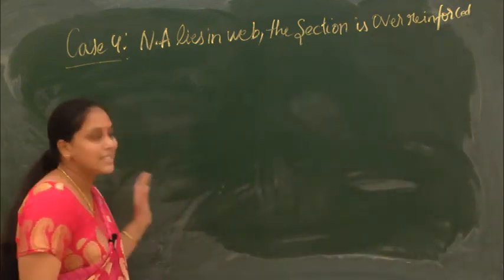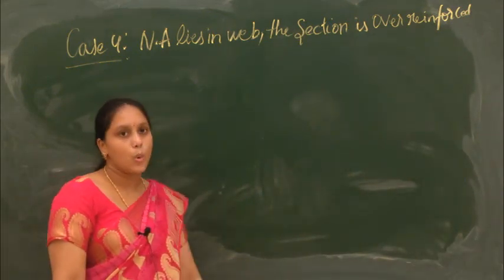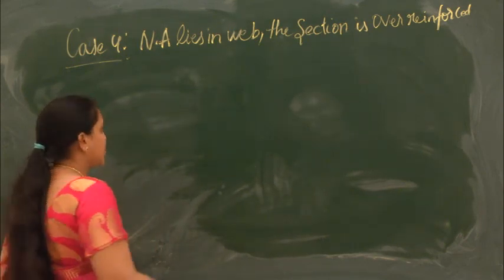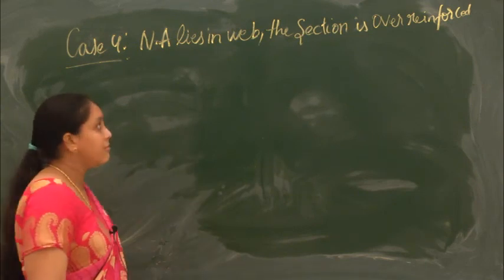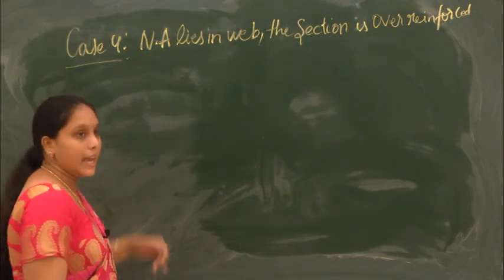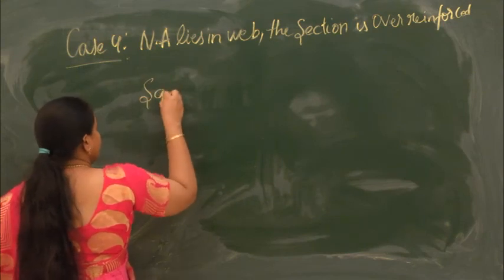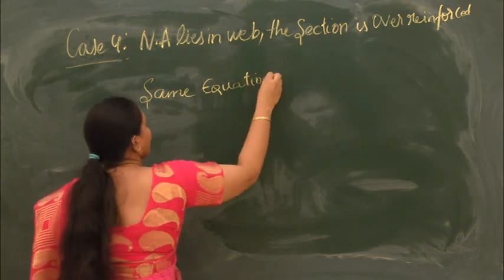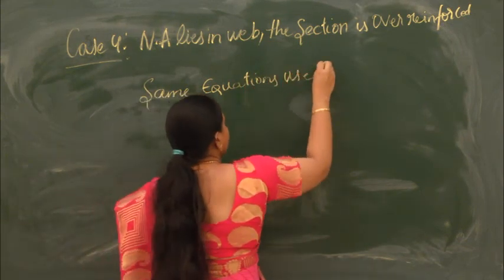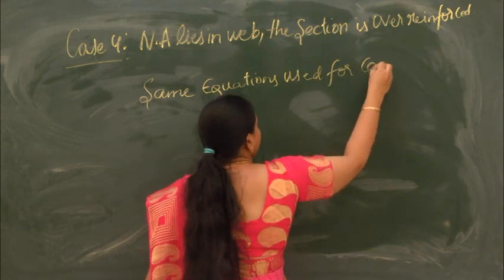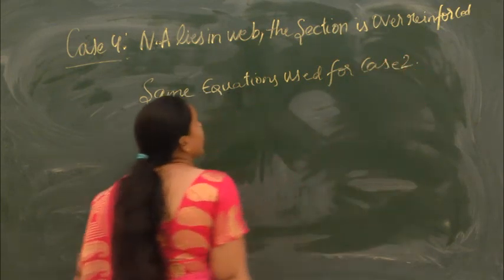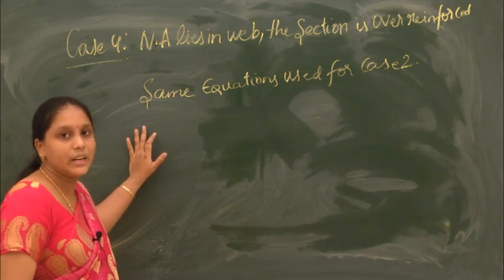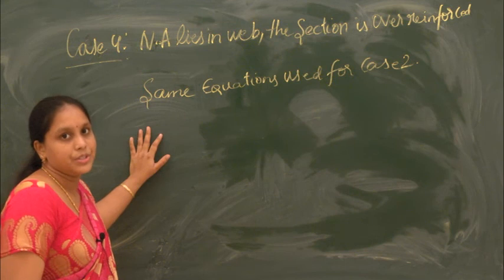So when the neutral axis is lying in the web and if the section is over reinforced, we have to use the same equations which we have used for the case 2, for calculating the moment of resistance.